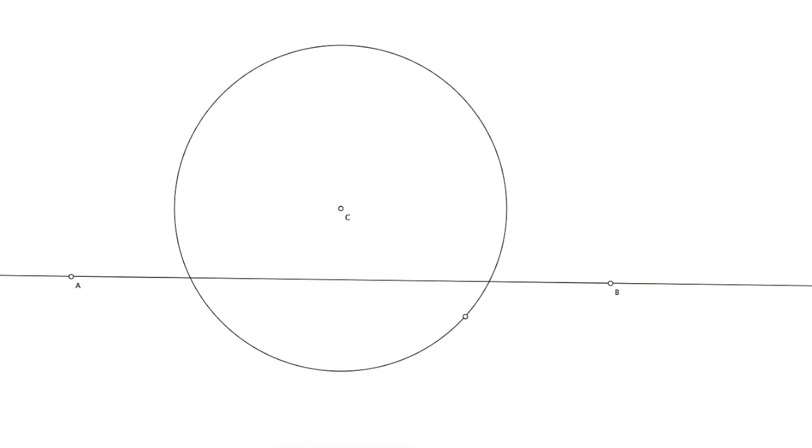And if it's not obvious why it has to be on the other side of AB, if it's on AB, then there's a chance that it could be right there, and that the circle won't actually pass through AB. And if that happens, then the diagram doesn't work. So it has to be on the other side of AB that we choose that point. And that's going to be point D. All right, so we have center C, distance CD.